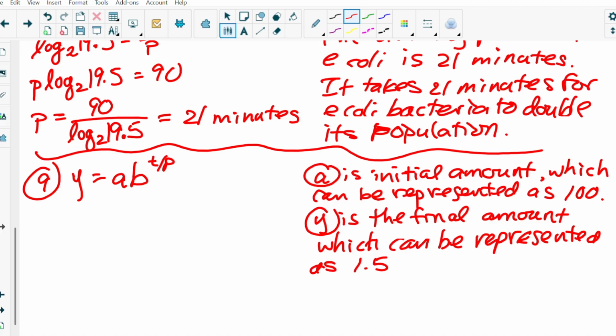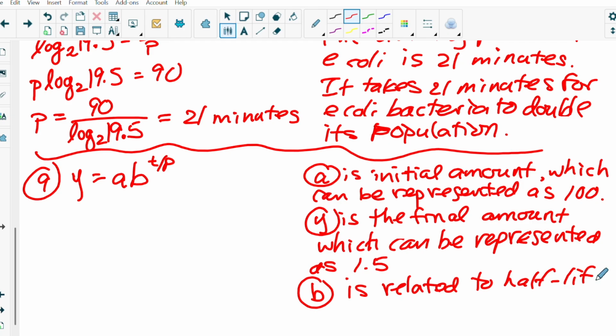For the b value, we're talking about half-life, the half-life of iodine 131, the radioactive isotope. So b equals 1/2.